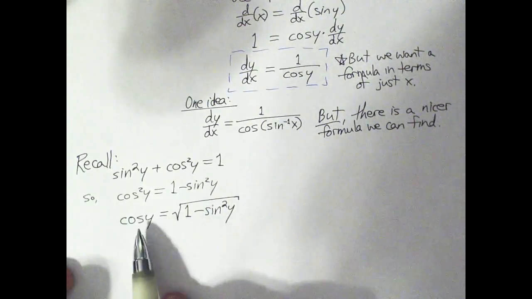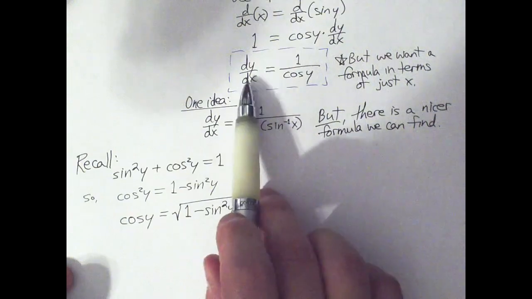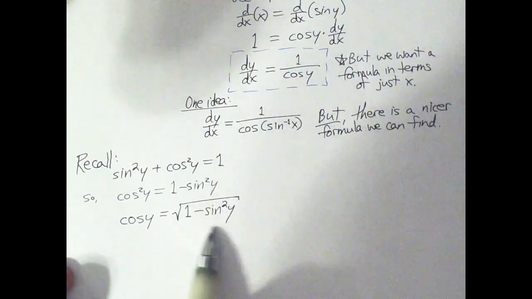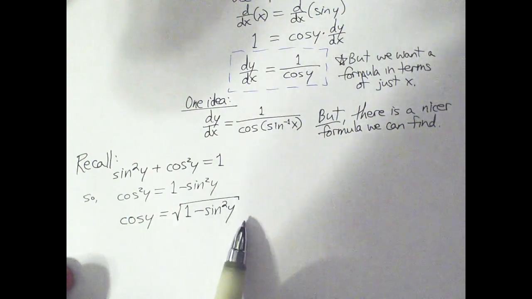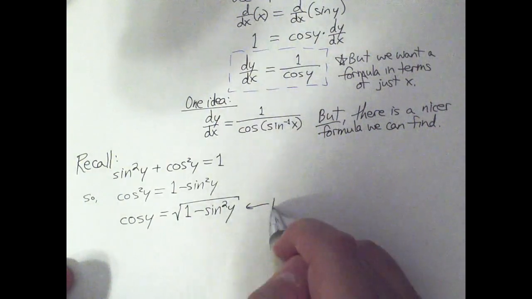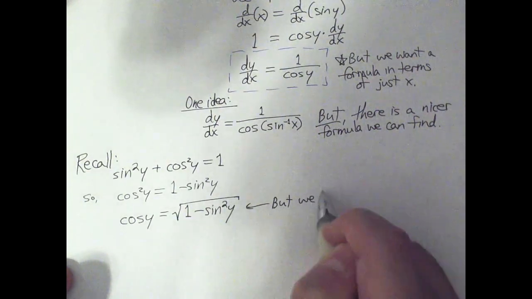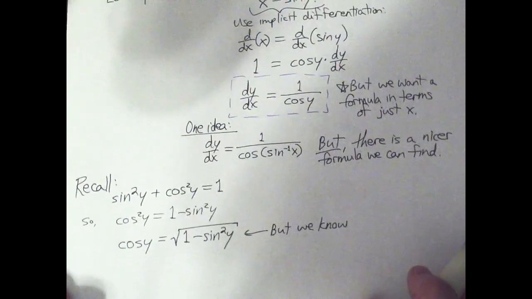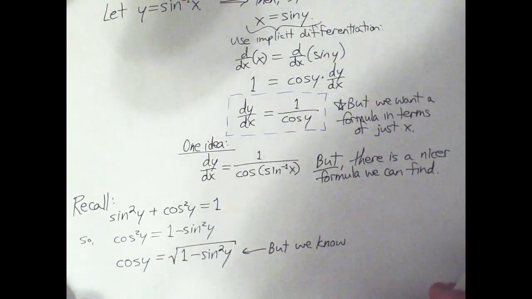Now, does this help us? If I took this formula, but instead of writing cosine y, I wrote this, is that really any better? That actually looks more complicated. Well, there is something we know from our page that will help us. Do you see it?